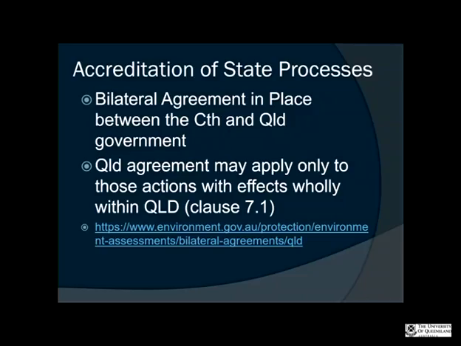Just remember, it only applies to actions which are wholly within Queensland. So if you have something like the Tugun bypass, which was one of the things that I acted on, the Tugun bypass crossed into different territories, and so we ended up having to cut the Tugun bypass in half and have half assessed in Queensland and the other half assessed in New South Wales.